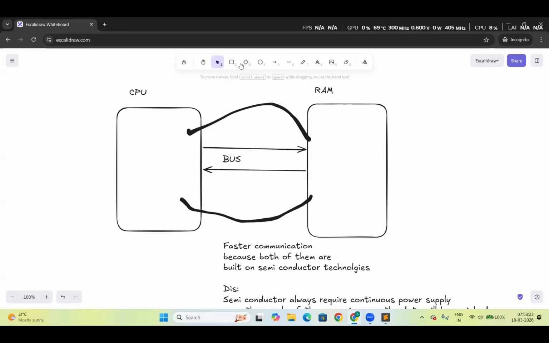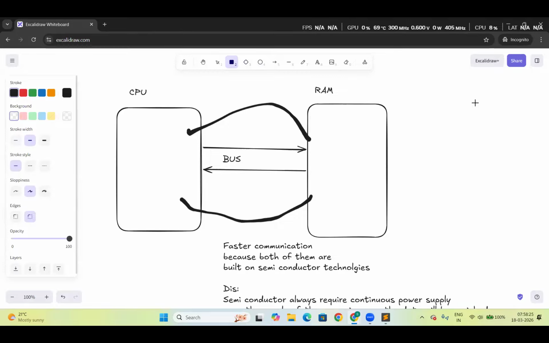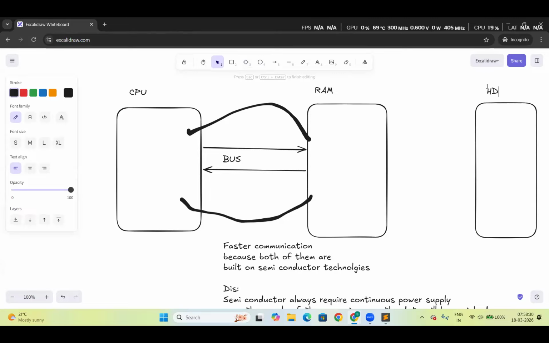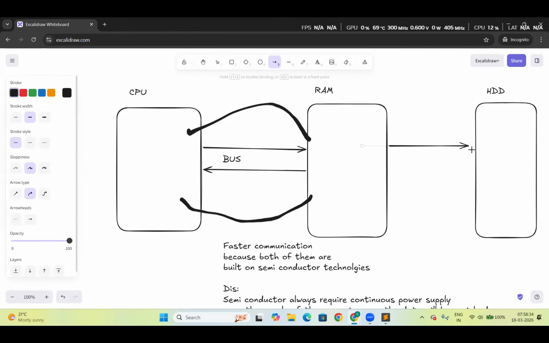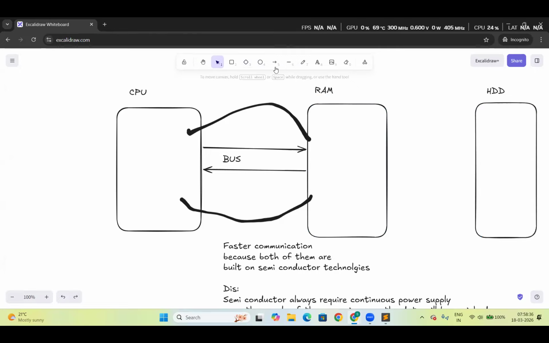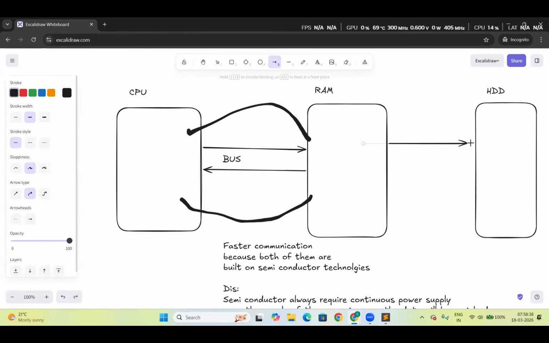They brought the concept of hard disk again, the hard disk which was built using electromagnetic technology. Got it? Again, I have one more bus, a set of wires that establish communication between the two systems.